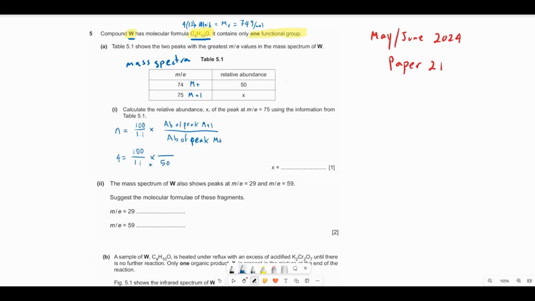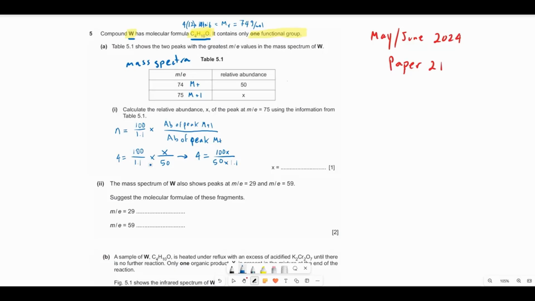And then the X is going to be the abundance of the M plus 1 peak. So what does that leave us? That leaves us with an equation that we can easily solve if we have some algebra skills. 4 is equal to 100x, because we multiply the top, over 5 times 50 times 1.1.